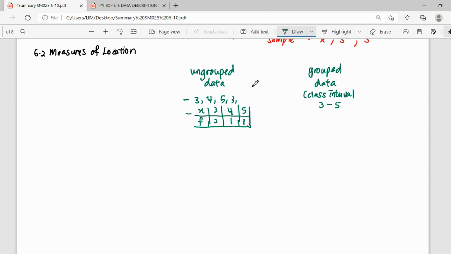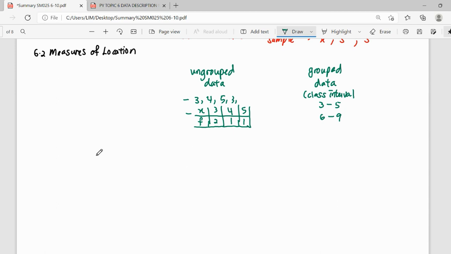So this kind is all ungrouped data. Grouped data will have intervals like 3 to 5, and then 6 to 9, like that. So you cannot identify what your data is in the middle here. But for ungrouped data, you can clearly see what your data is one by one. Okay, so those will be our two types of data representation, ungrouped data and grouped data.